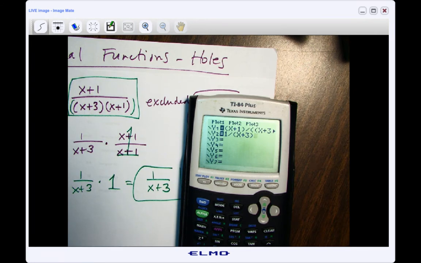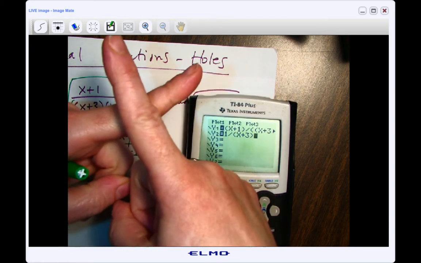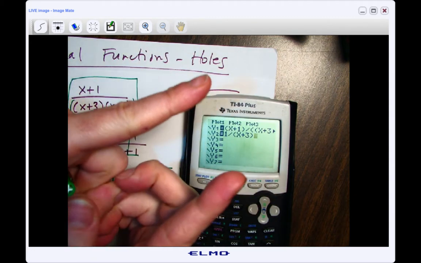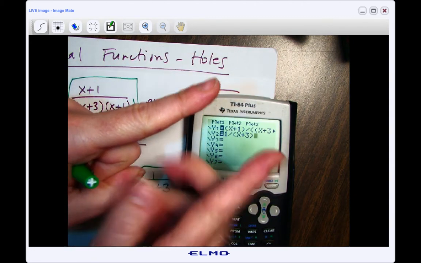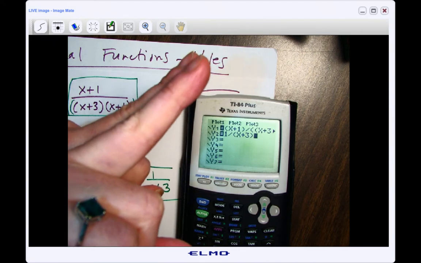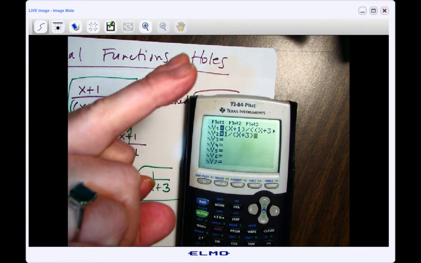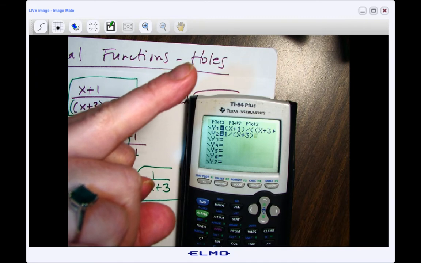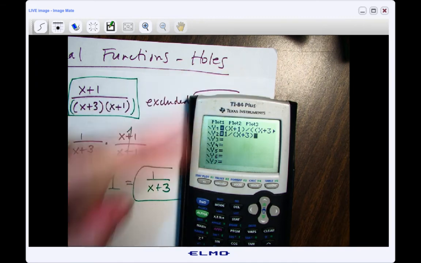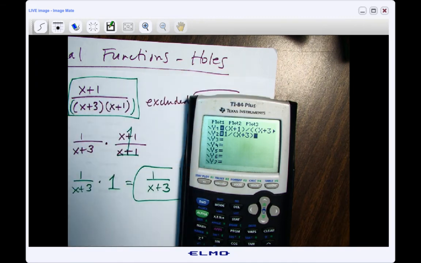What are a couple things that could happen? You could have lines that intersect like this, or you could have lines that are parallel and sit next to each other like this. Or you could have lines that sit on top of each other like this, right? And what does that mean? It means their equations are actually the same thing. So when the equations are the same, these graphs should be sitting on top of each other. So let's take a look.